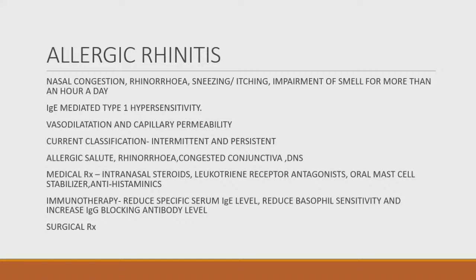In immunotherapy, the allergens are injected in increasing doses till the plateau phase is reached. What it will do is reduce the specific serum IgE level, reduce basophil sensitivity and increase IgG blocking antibody level. Surgical treatment can be done by septoplasty.